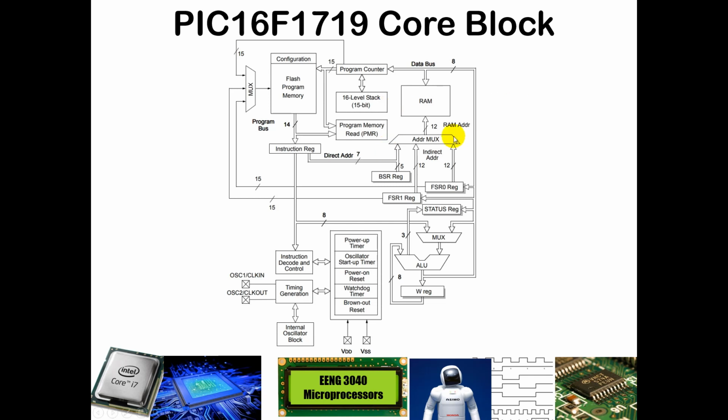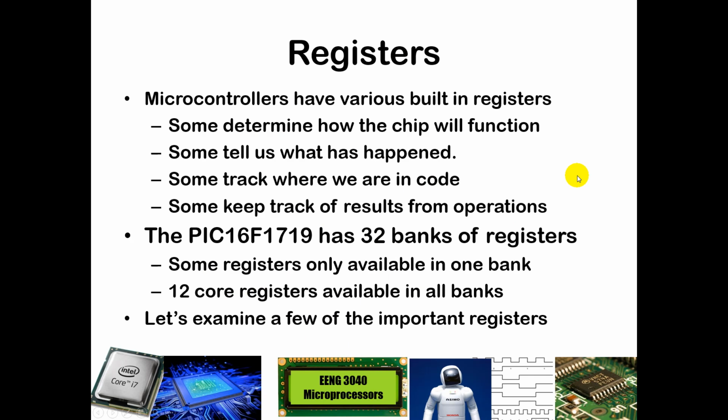We also see the use of a multiplexer, which allows us to choose from some other registers. You've got multiplexers that allow you to choose what's happening over here on the ALU, which is the arithmetic logic unit. And then we've got another register, the W register, which we'll talk about in just a moment.